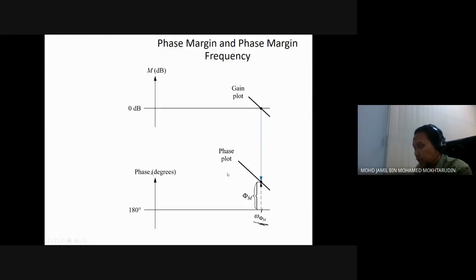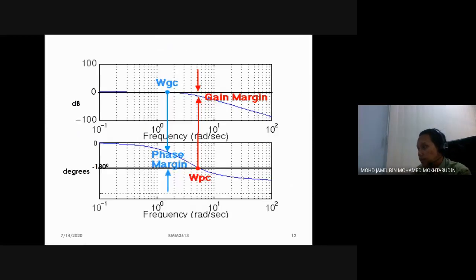These two are important in determining the stability of a system using a Bode plot. If you look at this example, the first thing you need to look at is the gain margin. First you need to find the gain margin frequency.